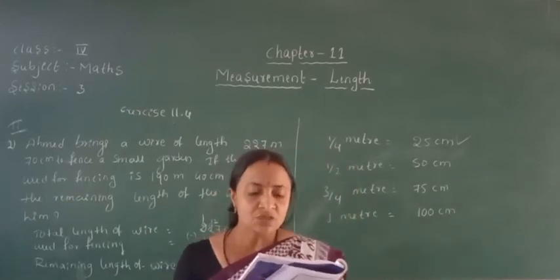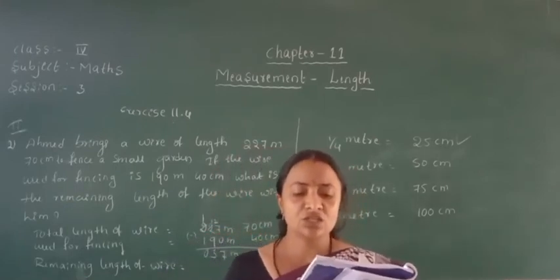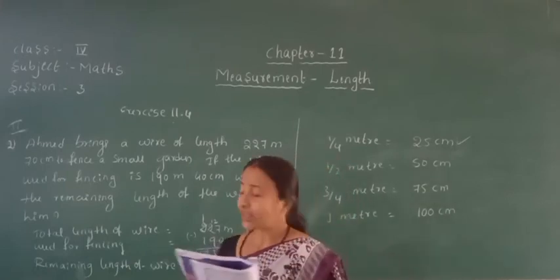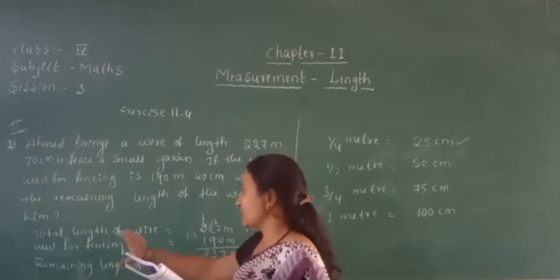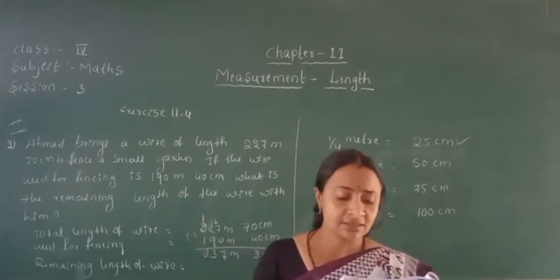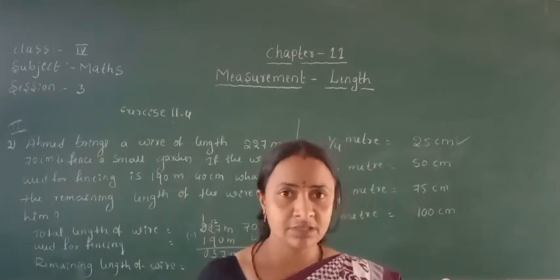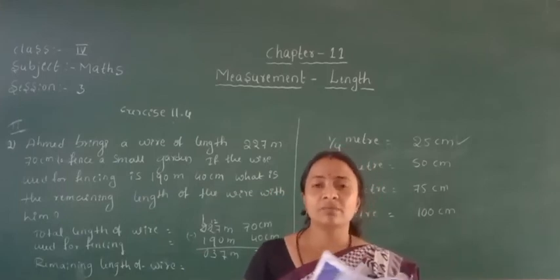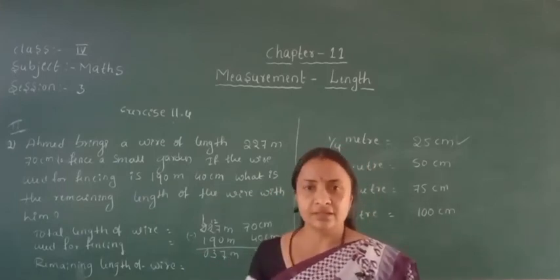Yes, so in the same way, it is easy to say the length of one side of a blackboard, and also the length and breadth and height of the room and playground. Those all we measure in meters. Okay, yes.